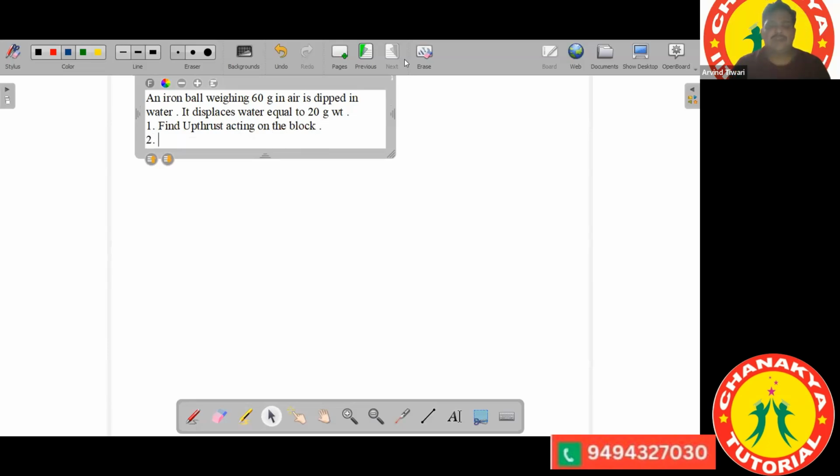Then second point, you have to find what will be the weight of the iron block in water.